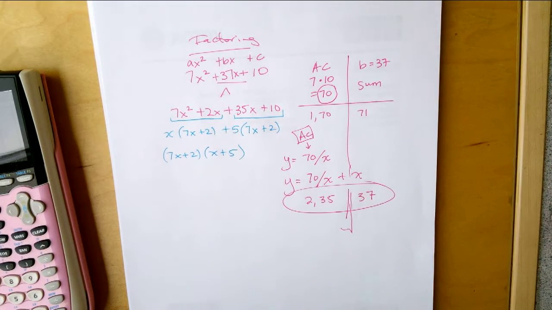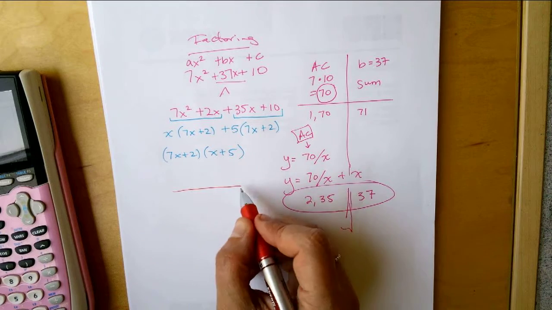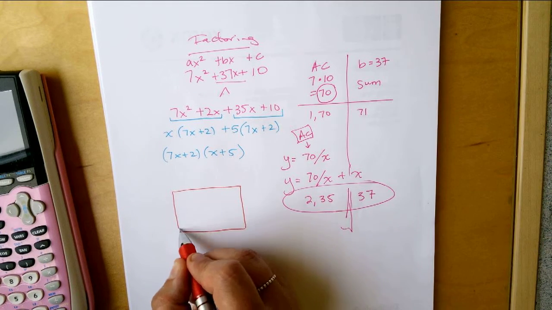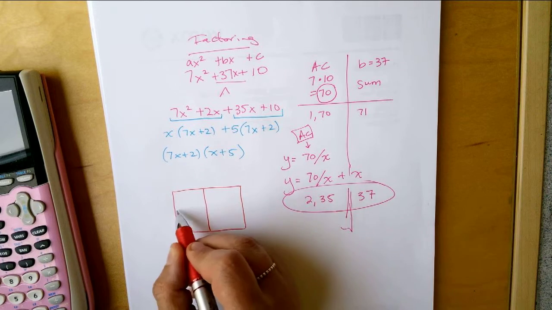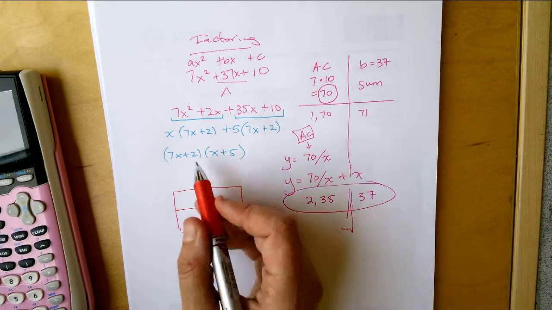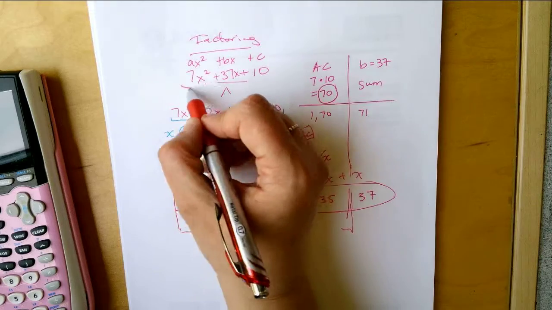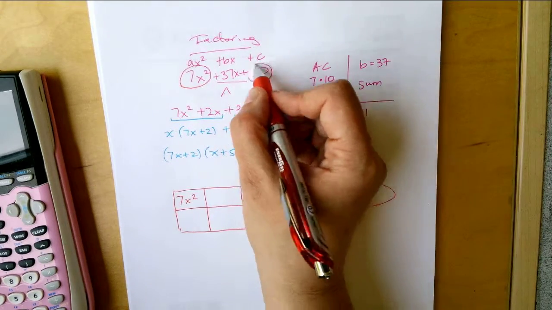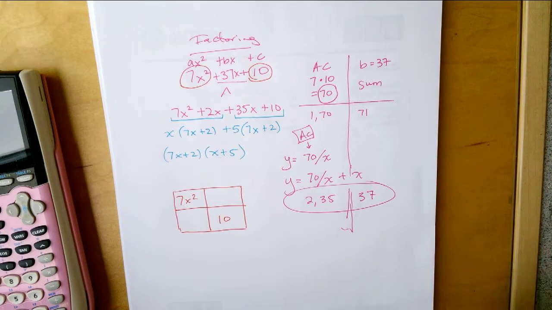While I'm here, I might as well show, a friend of mine showed me this awesome way of factoring. You're still using the AC method, but you're using this idea of a box. So we know that we are going to start with the first term, 7x squared goes here, and the last term, 10, goes here.